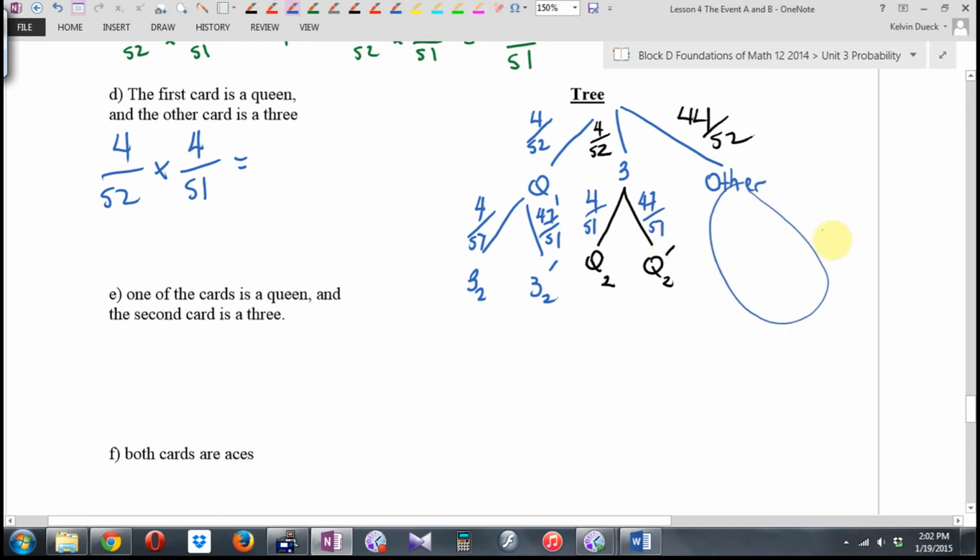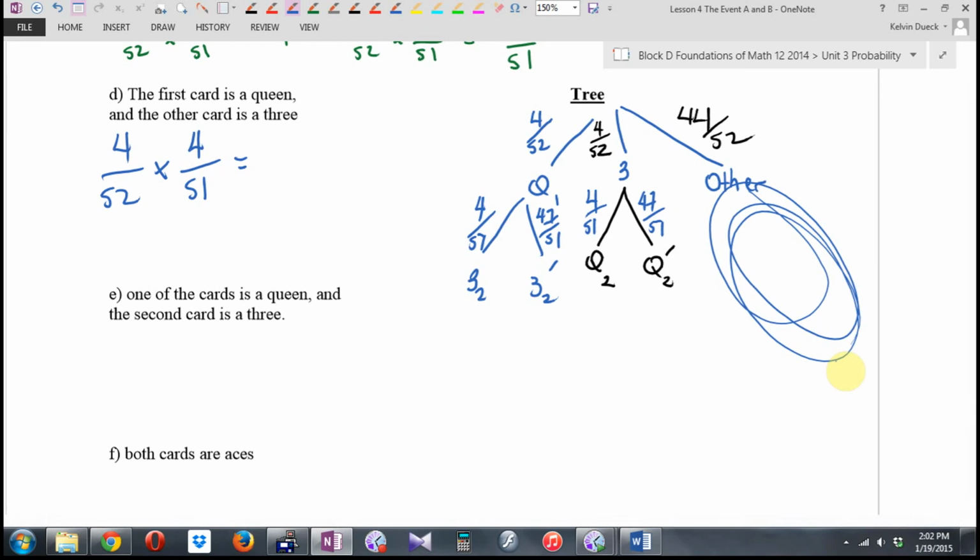I don't care about this branch over here. I'm not even going to bother filling it in because E didn't give me that option. E says 1 queen, 1 3. D says a queen followed by a 3. Okay? So D, a queen first, 4 out of 52, followed by a 3, 4 left out of 51, is going to be 16 out of 2652, or what is that in lowest terms?